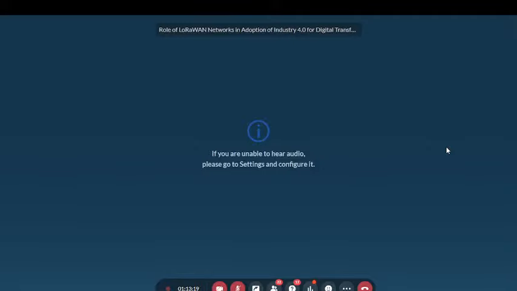Another question: how do we send the data to the cloud from a LoRaWAN gateway? We send data from the LoRaWAN gateway to the cloud using protocols like MQTT, HTTP and UDP, over a backhaul of 4G, Wi-Fi or Ethernet.